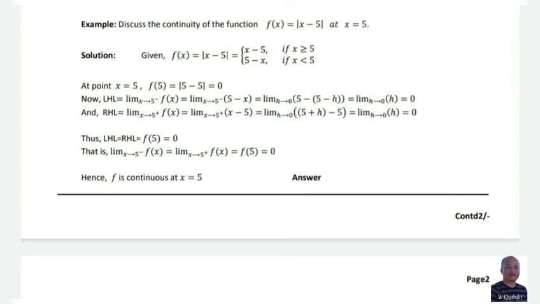So here, f of x, we understand it should be 5 minus x because x is approaching from the left. X is less than 5. So 5 minus x. Now when you replace x by 5 minus h, because x is on the left of 5, so 5 minus h, h should be approaching 0.